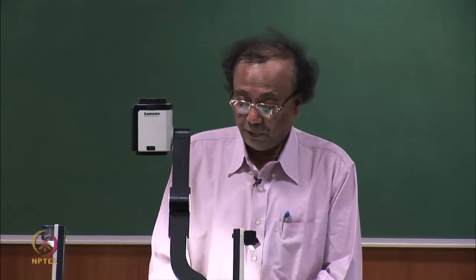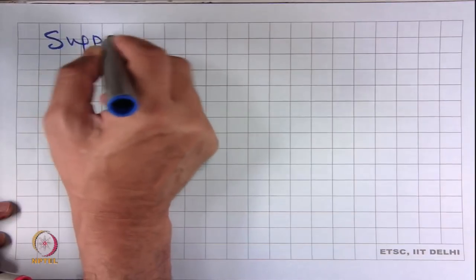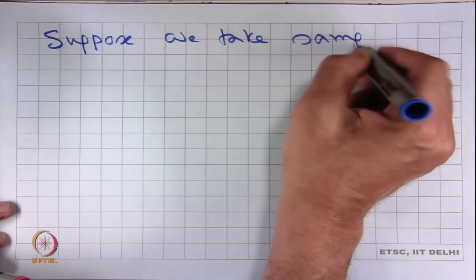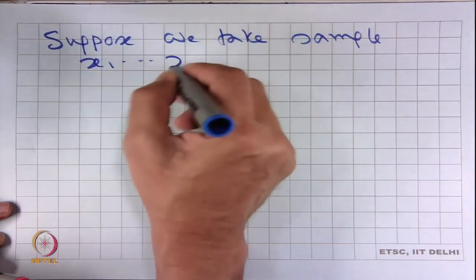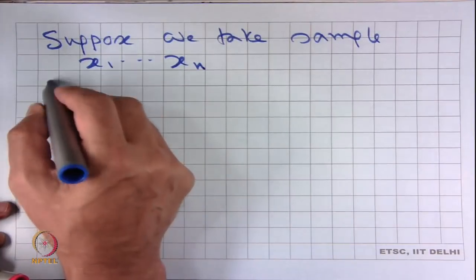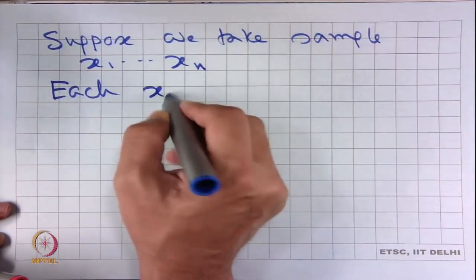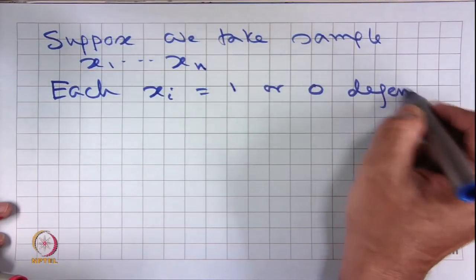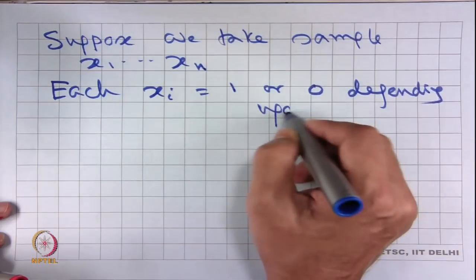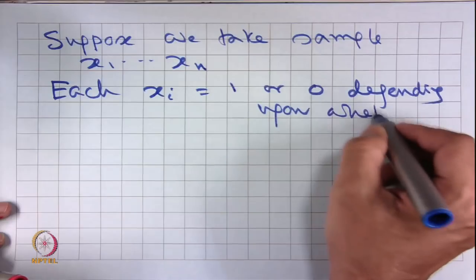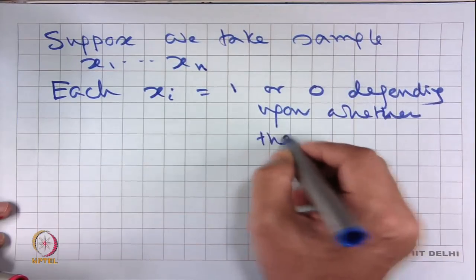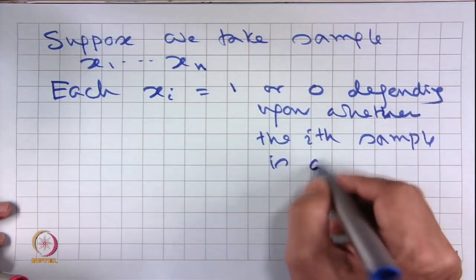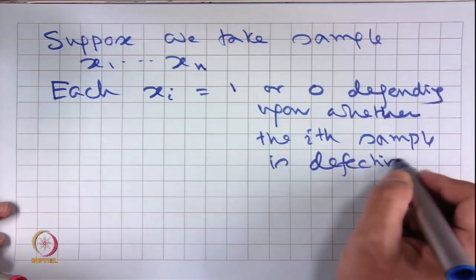Therefore, that divided by N will give you the proportion. And suppose we take a sample, each x i is equal to 1 or 0 depending upon whether the ith sample is defective or not.